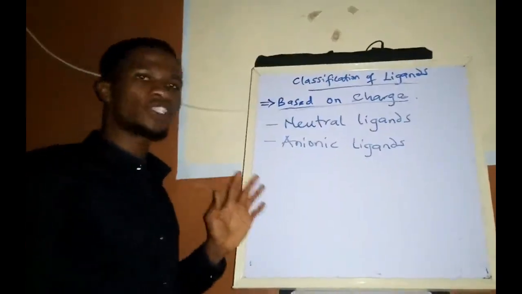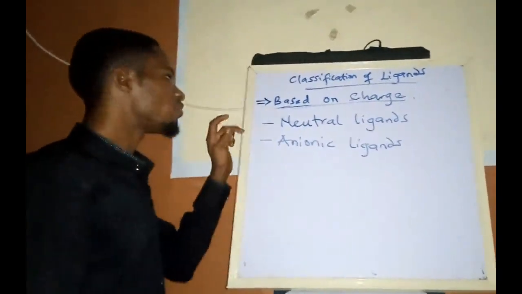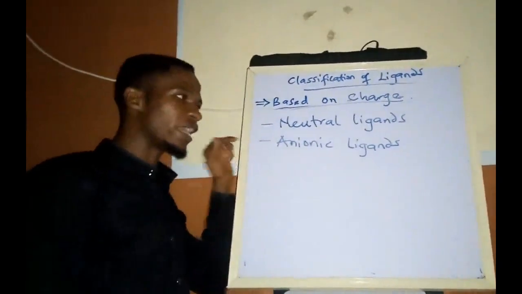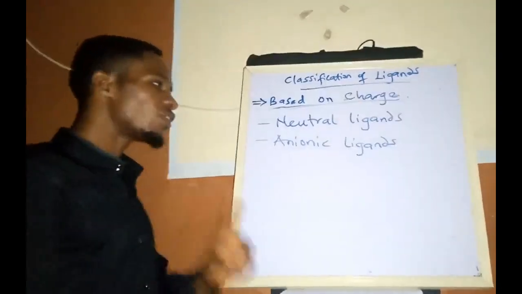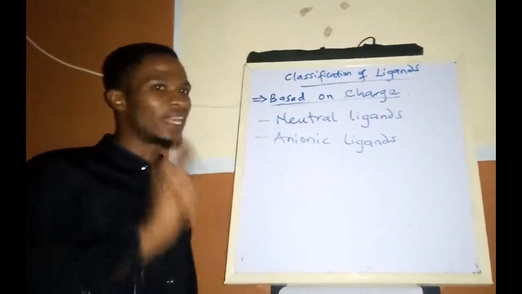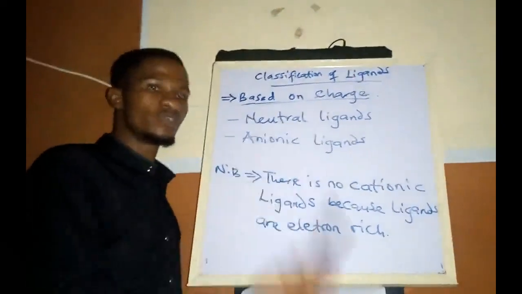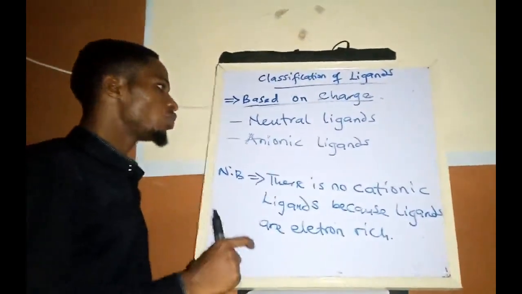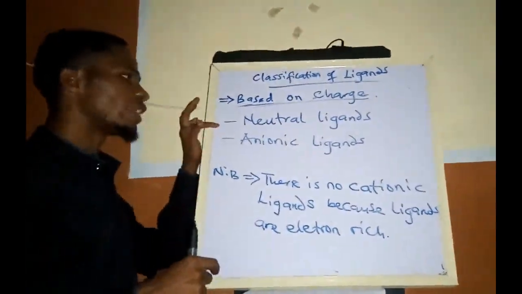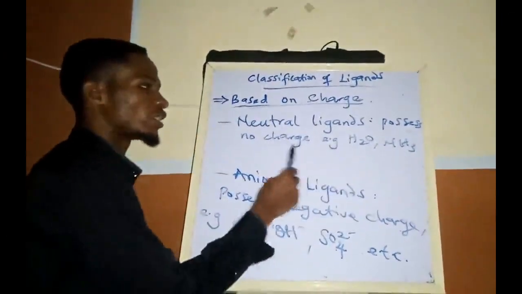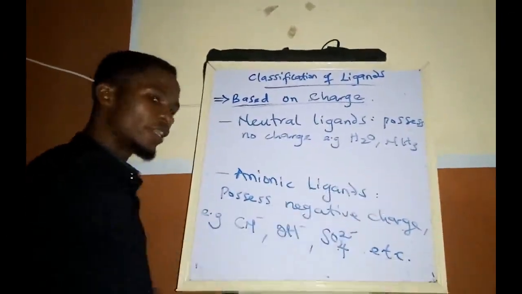Now let us consider the classification of ligands based on charge. For the classification based on charge, we can only have the neutral ligand and the anionic ligand. Take note, we cannot have cationic ligand because ligands are electron rich. So therefore, we can only have the neutral ligands and anionic ligands. For the neutral ligands, they possess no charge. Example is H2O, NH3.